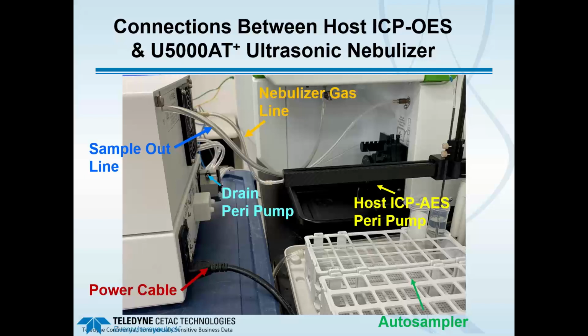That's simply a piece of PVC tubing that goes to the ICP torch. And finally, in bright blue in the middle, the drain peri-pump. That is built into the ultrasonic nebulizer, so there is no need to acquire a separate peristaltic pump to pump out the excess liquid from the system.